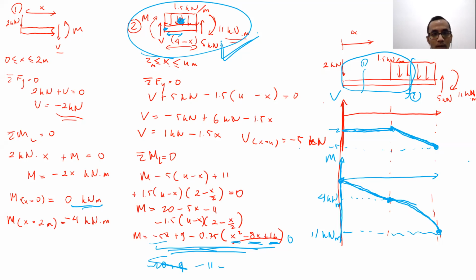No, you cannot do it that way, because the equation is supposed to cover from 2 meters until 4 meters. So like it or not, the cutting must cover the distributed load as well. Do you get it?